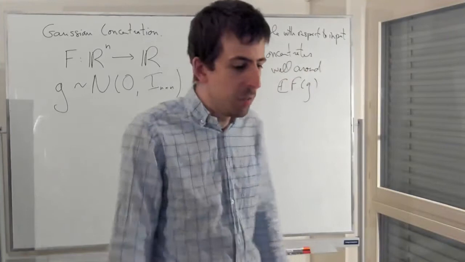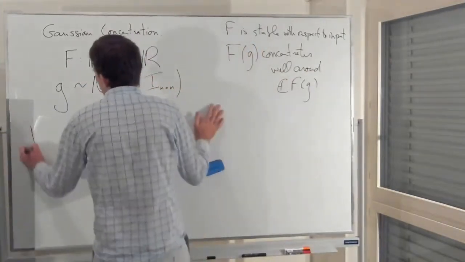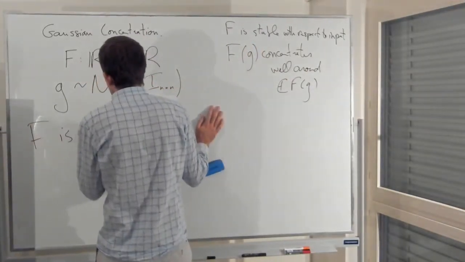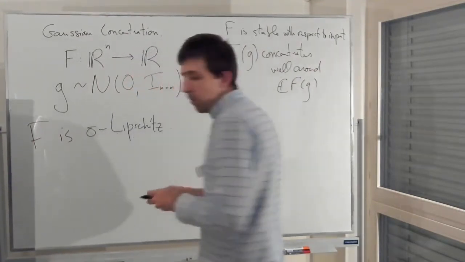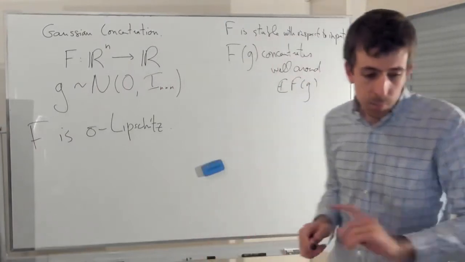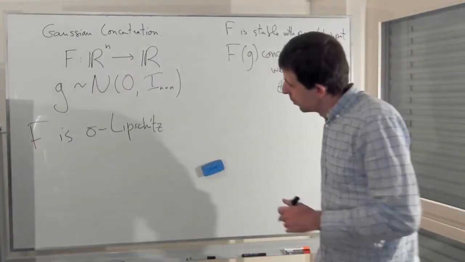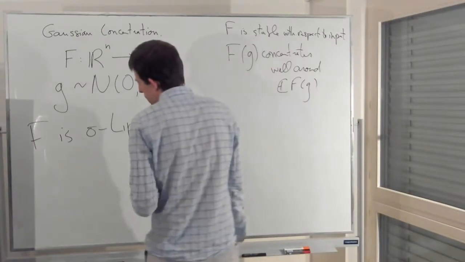We use the definition of Lipschitz. So we'll say that f is sigma Lipschitz. What does this mean? What is the definition of f being Lipschitz?